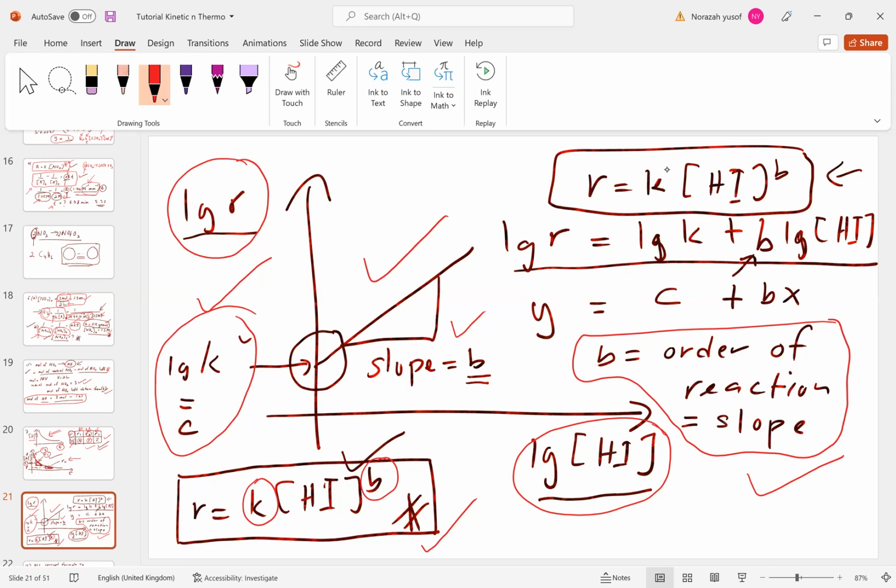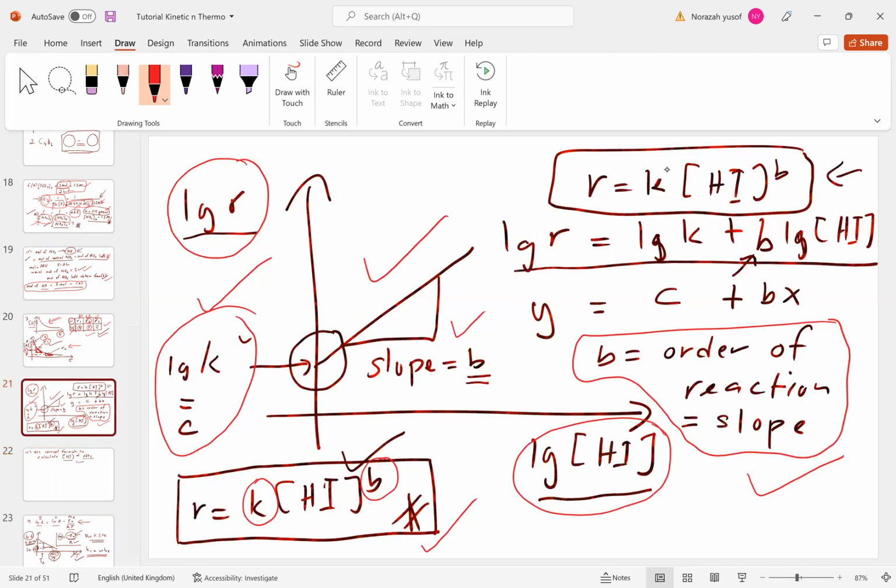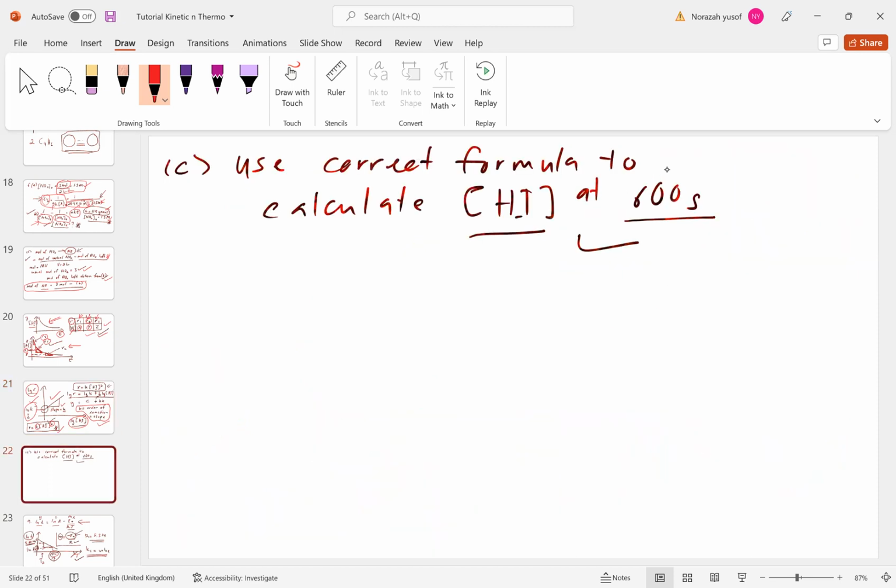Right. Okay, calculate concentration of hydrogen iodide in millimole at 600 seconds. Okay, sekarang ni, when you identify B, you should know whether it is 1 or 2 kan? Order of 1, order of 2. So from that order, you should know which integrated equation that you need to use. Integrated for first order ke, integrated for second order ke. Kena tengoklah balik dalam nota.